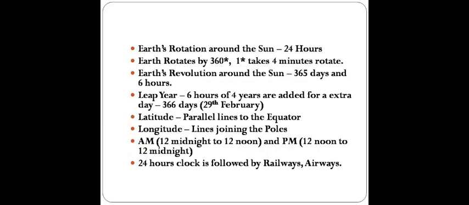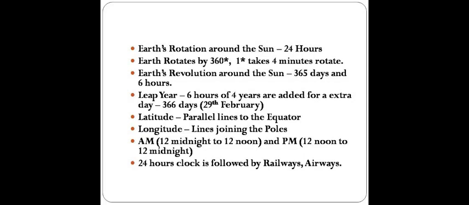You already know Earth rotates around itself and also around the sun. The rotation of the Earth, right? The Earth rotates around itself and the time taken for it is 24 hours. Yes, day and night together, 24 hours.